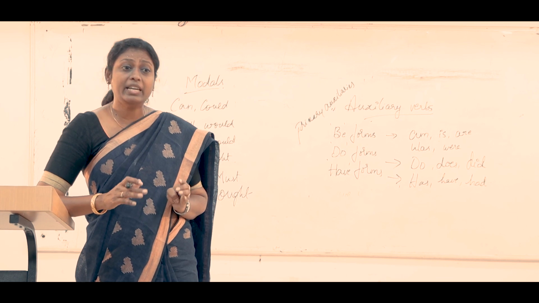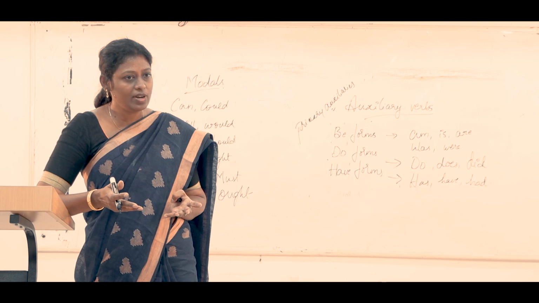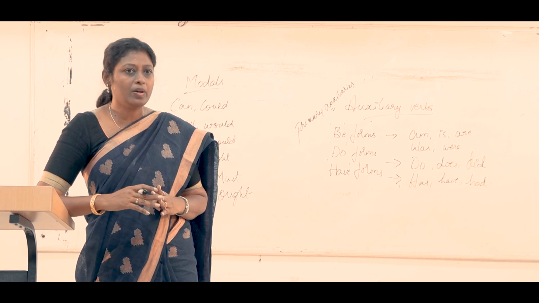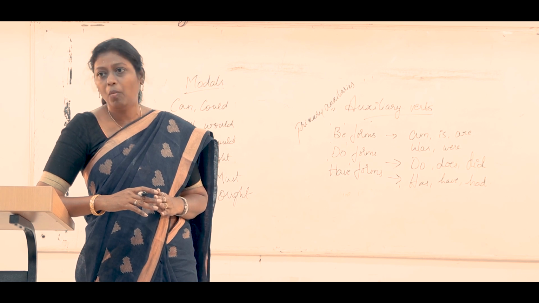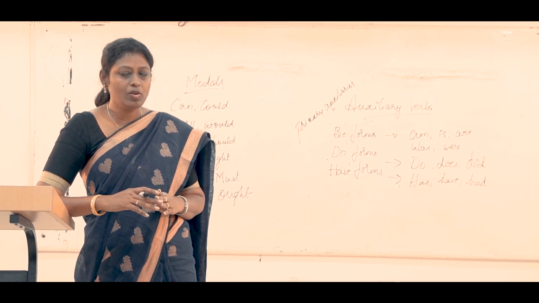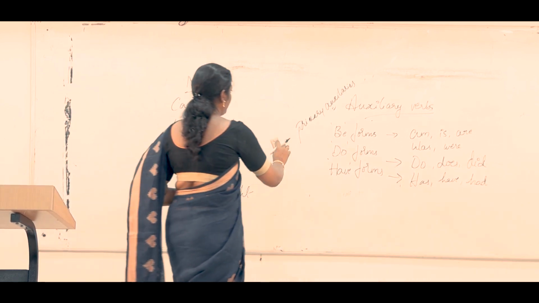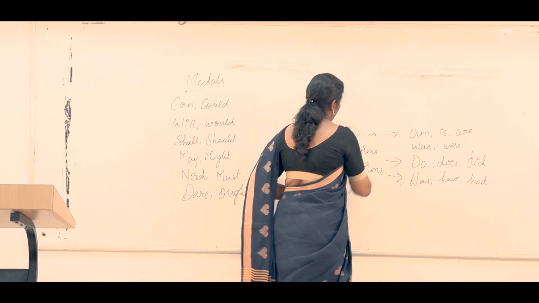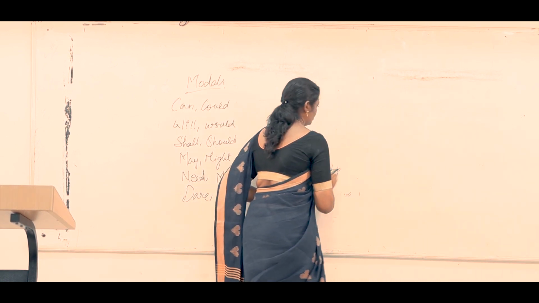The main verb again is classified into two, the transitive verb and the intransitive verb. Auxiliaries can be primary auxiliaries and modal auxiliaries. So far clear?